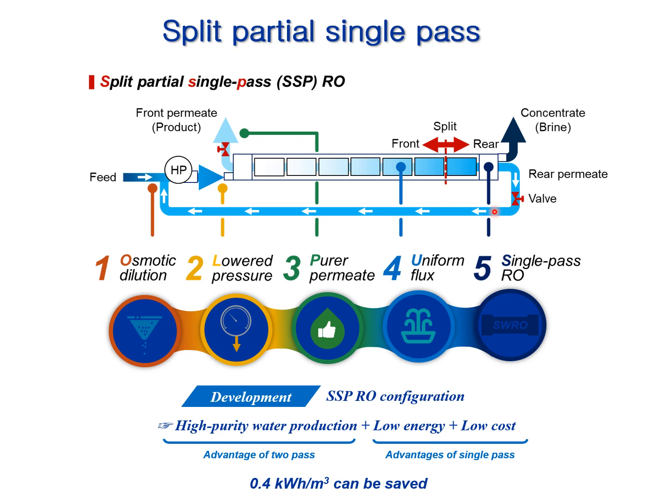Just the first pass is okay, and we don't need to go through the second stage. So the first pass can achieve this to save the overall capital cost and energy cost. If we apply this one, we can produce high purity water with low energy and low cost. So people believe 0.4 kilowatt hour per cubic meter can be saved when we apply SPSP.